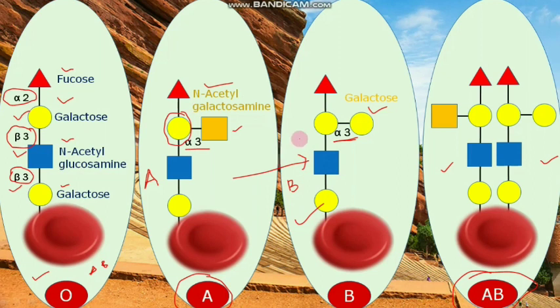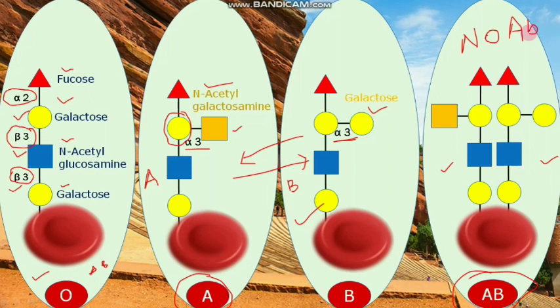The B blood group individual is capable of producing antibody against the A antigen, that means anti-A antibody. And the AB blood group, as they have both antigens present on their erythrocyte surface, will not produce any antibody against A or B. So antibody will be zero in the case of the AB blood group individual.